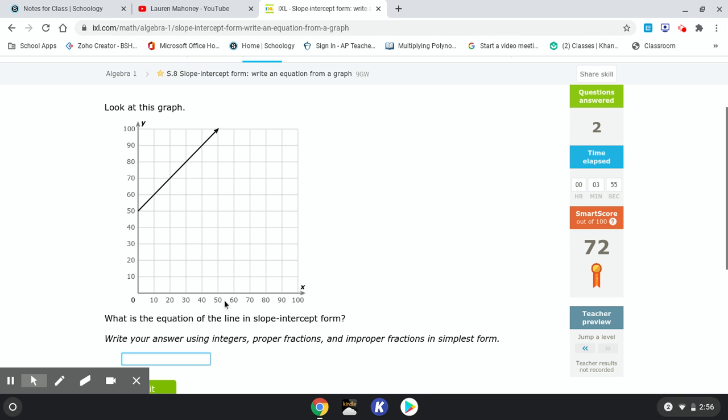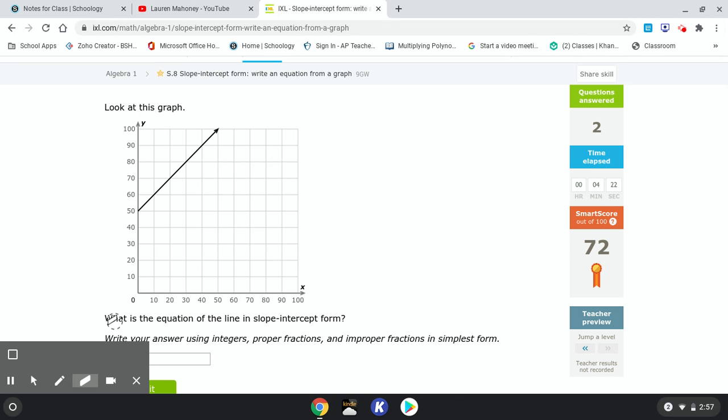Let's go ahead and erase this while we are thinking. Get this off the screen. If I jump to another level using my teacher preview, you can see even at the tougher questions, this one is counting by tens, but as long as your x and your y axis are the same value, you can still count blocks.